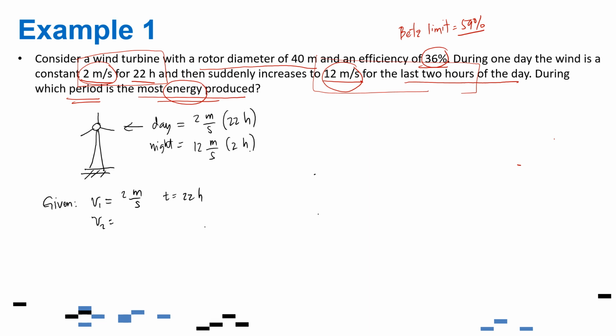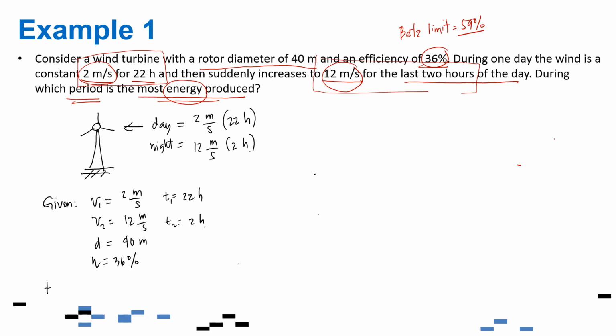V2 is 12 meters per second for a duration of 2 hours. And then we are also given the rotor diameter, which is around 40 meters. We are also given the efficiency, which is 36%. That's it. These are the things that were given.